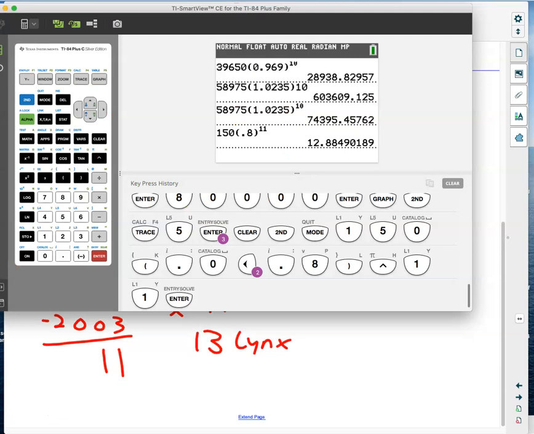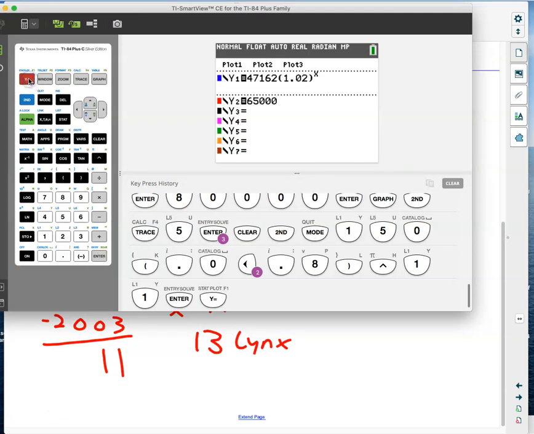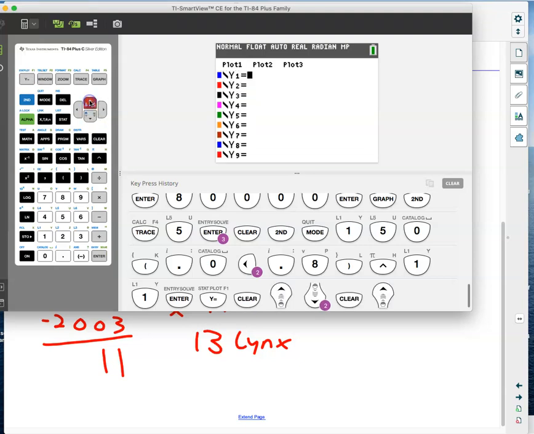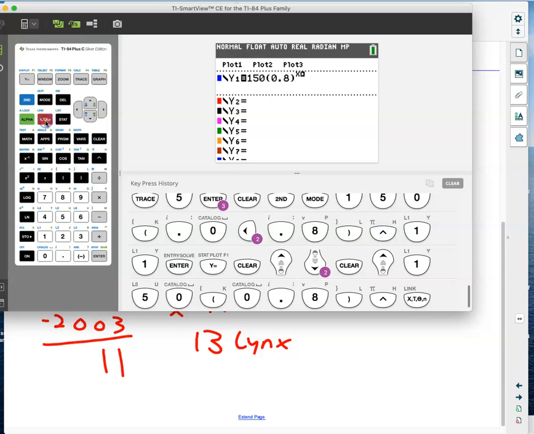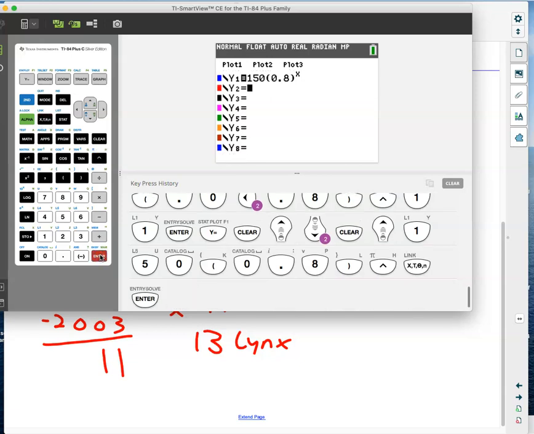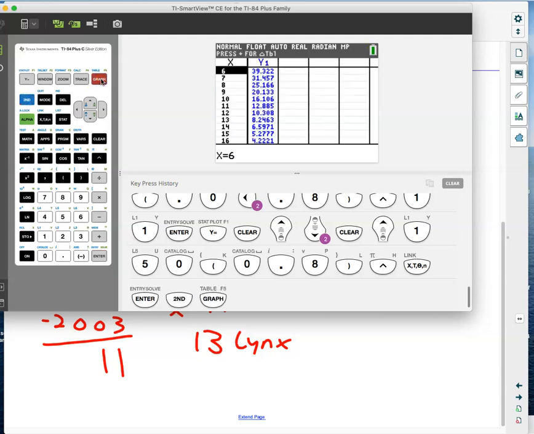But let's say, because I'm an animal lover, I really wanted to see what's going to happen with this. So we had our 150 to start with. And now I can use the table to see what using this formula says is going to happen to these links.